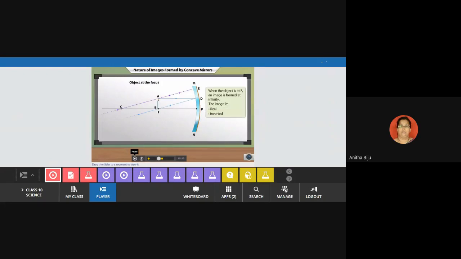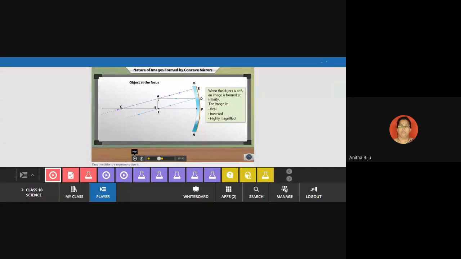Hence, a real, inverted, and highly magnified image. Now, from the figure, it is clear that the rays are moving parallel, and somewhere they intersect at infinity.